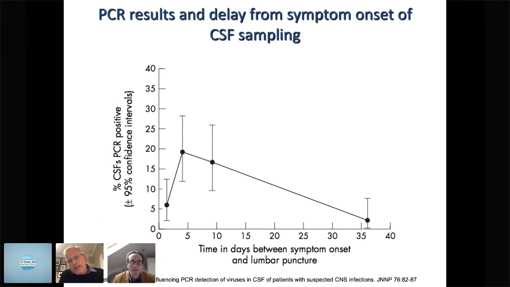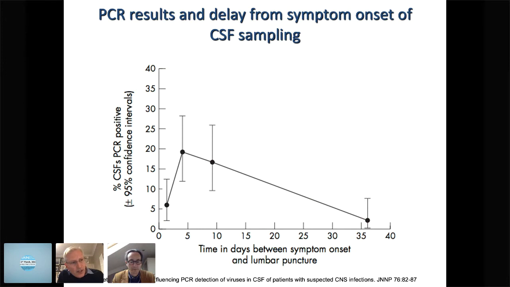With all virulent CNS infections, the chance of picking up a virus by PCR is highest when the CSF is sampled a day or so after symptom onset. Hyperacutely and remotely after onset of symptoms, you are less likely to pick up a virus by PCR.